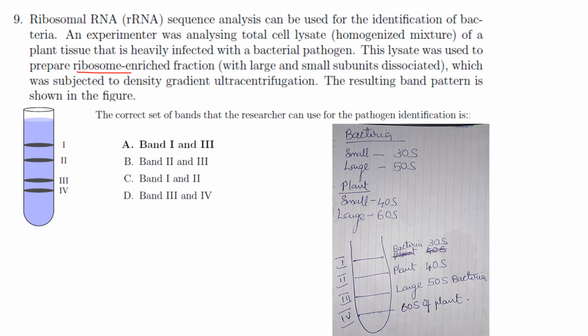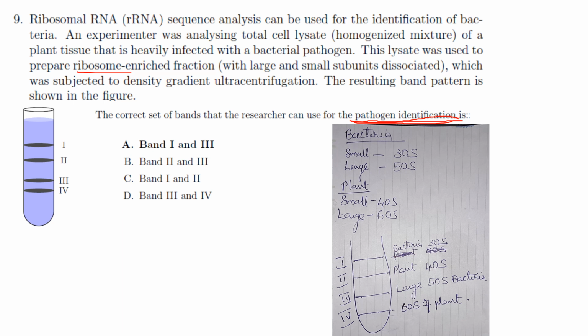So the experimenter took the plant tissue infected with bacteria and isolated the ribosome enriched fraction, and this fraction has the large and small subunits of the ribosome dissociated, and this was subjected to density gradient centrifugation. The resulting banding pattern is shown in the figure. What is the correct set of bands that the researcher can use for the pathogen identification, that is bacterial identification?